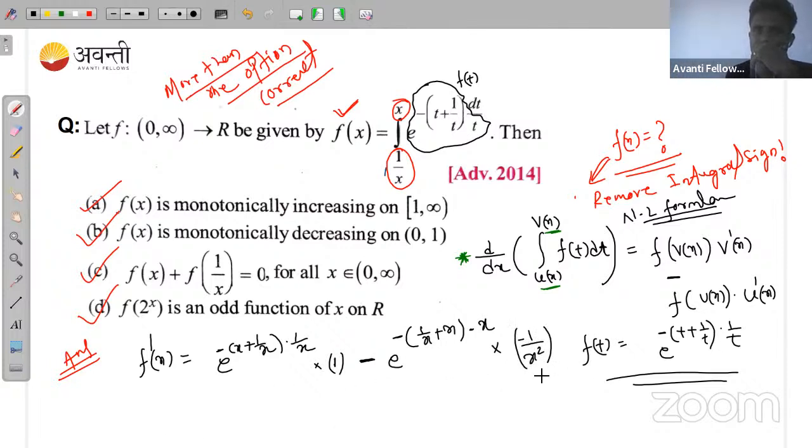This is your f dash x. You got it? I hope f dash x is clear so far.